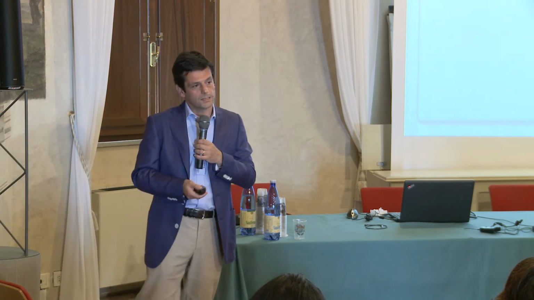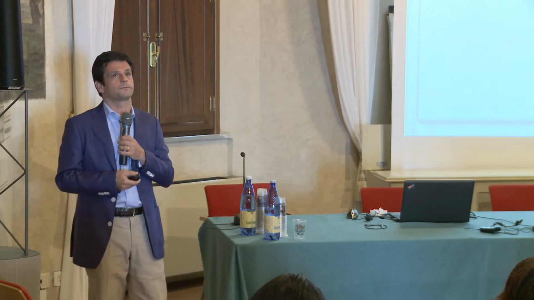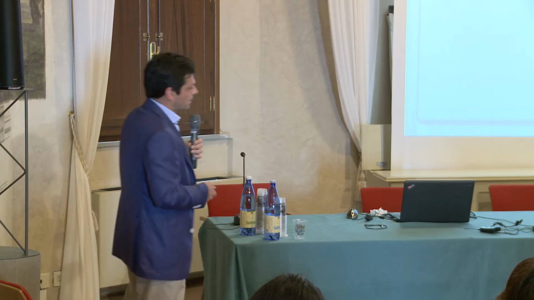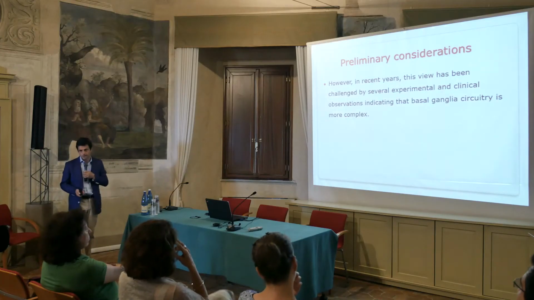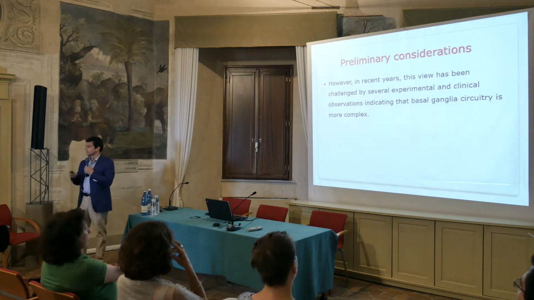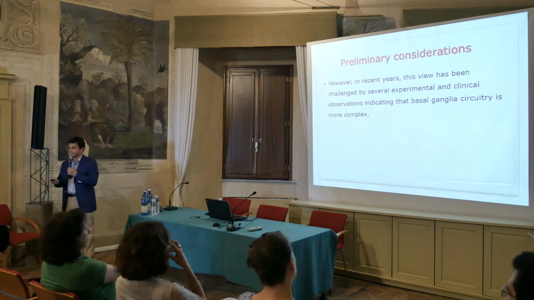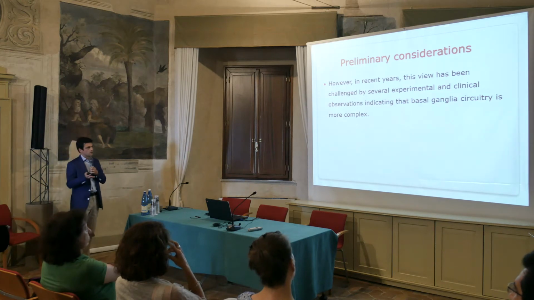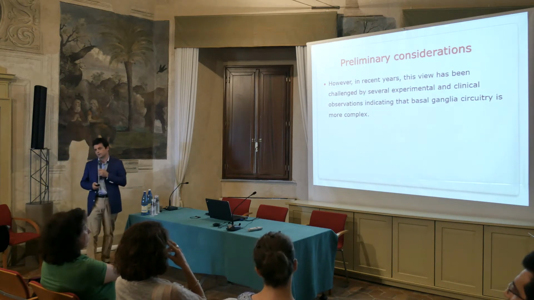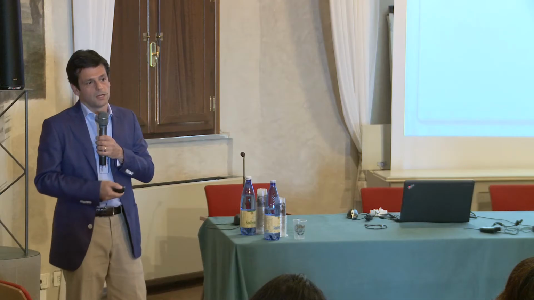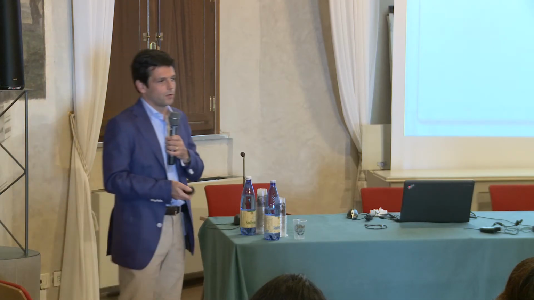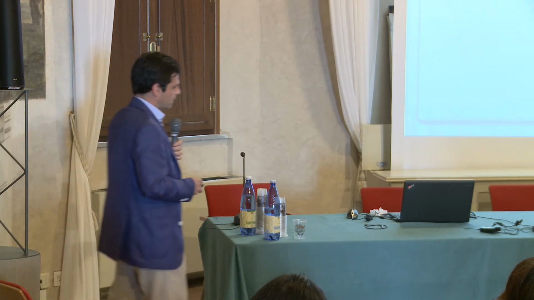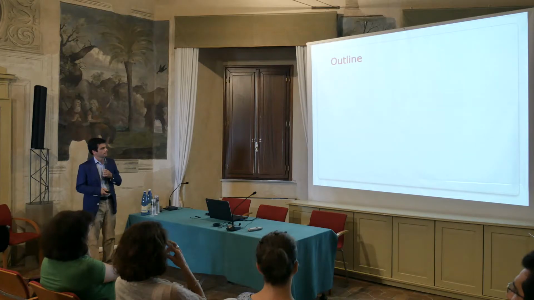So, as we said, from the original descriptions, there have been a number of experimental but also clinical evidence, for instance, those obtained by means of DBS, that have posed some questions about the validity of these models. And so, after all, it's just more complex than what was previously guessed.